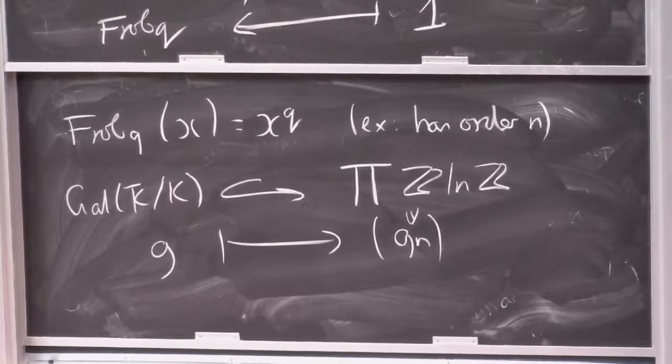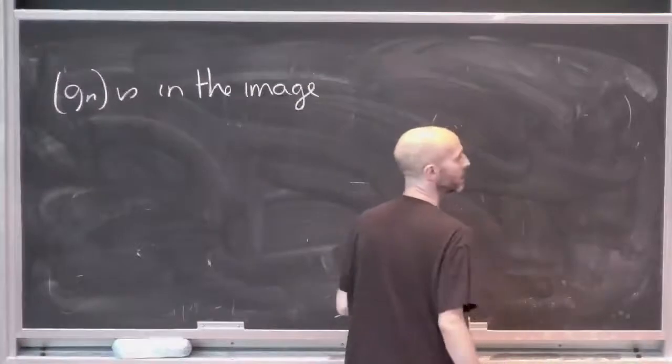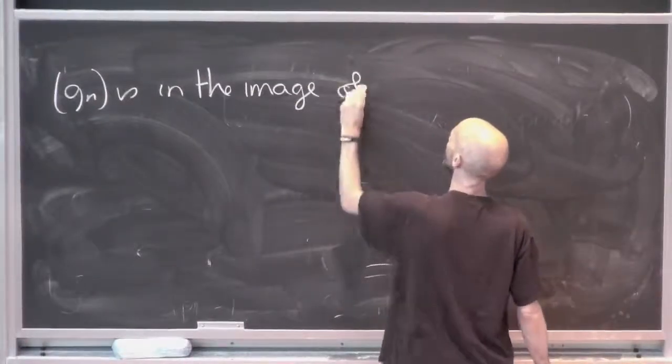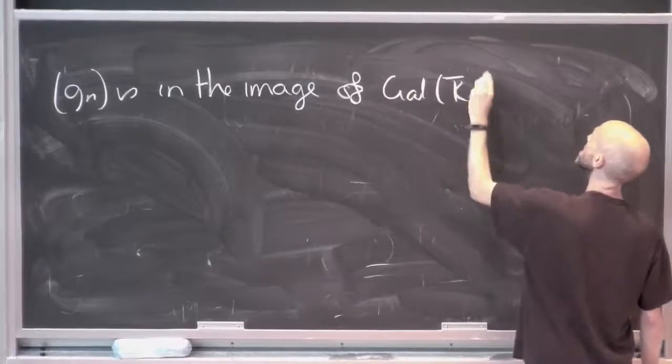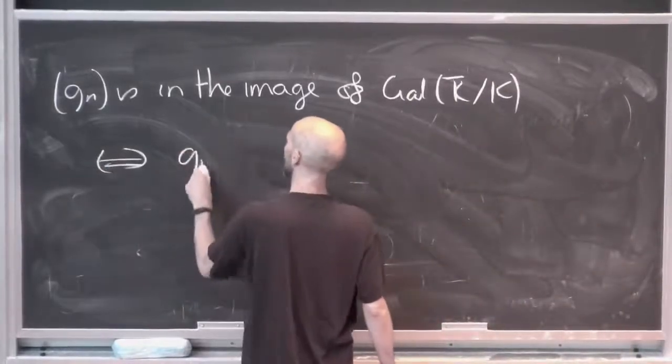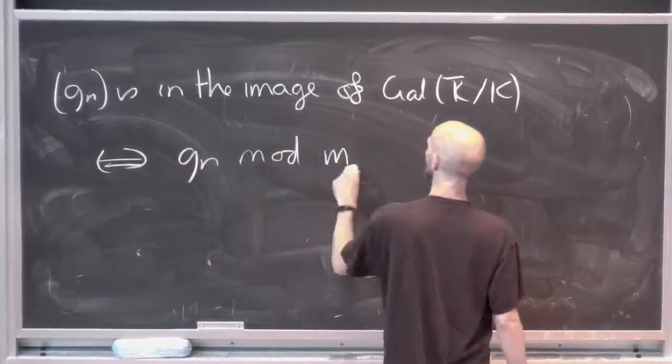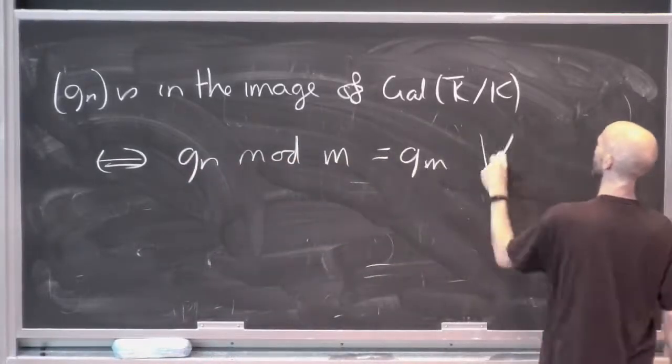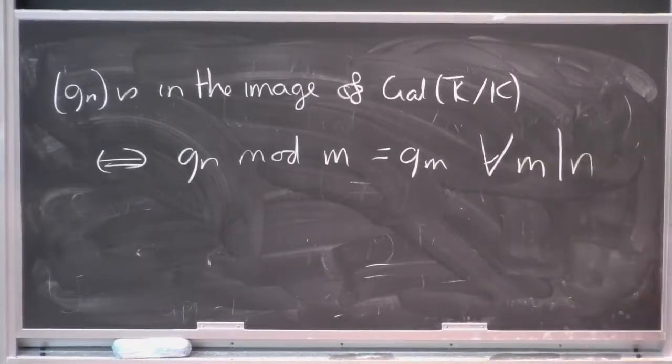So the things that glue together are the things which are compatible, and what's the compatibility assertion here? g_n is in the image of this map if and only if the g_n are compatible, if and only if g_n modulo m equals g_m for all m dividing n. That's the compatibility assertion here.